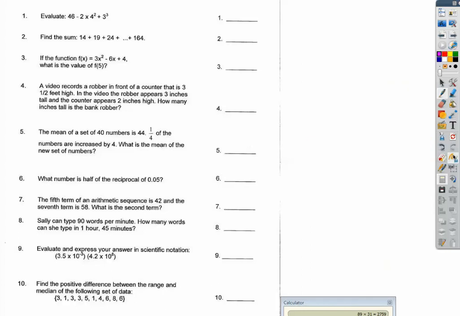Number 4. The video records a robber in front of a counter that is 3.5 feet high. In the video, the robber appears 3 inches tall, and the counter appears 2 inches tall.